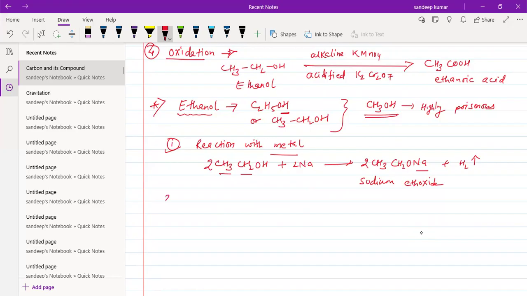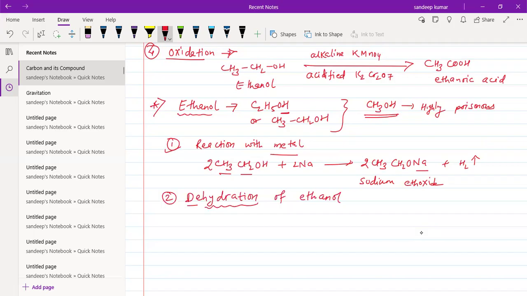Next we see dehydration of ethanol. De means water removal; hydration means water molecule. What happens whenever concentrated sulfuric acid is used at 443 Kelvin? Ethanol is changed into ethene.